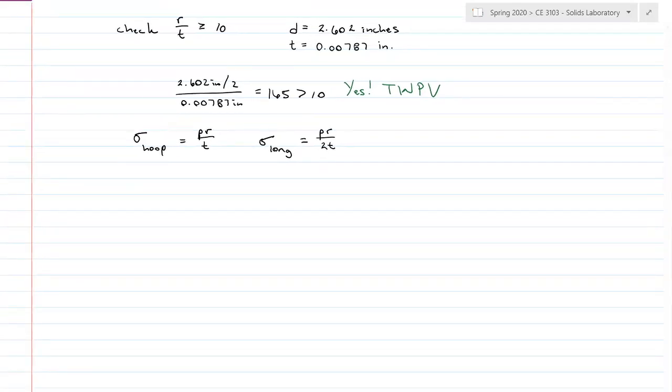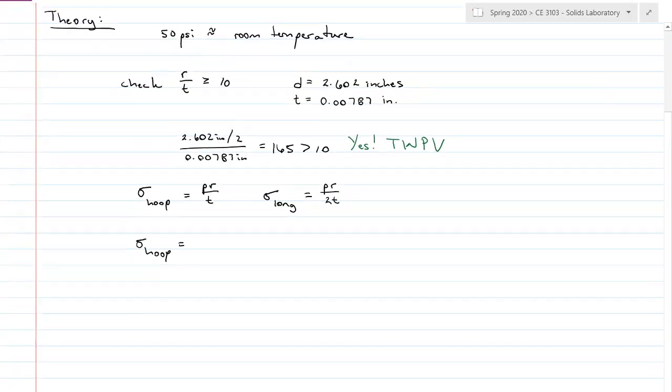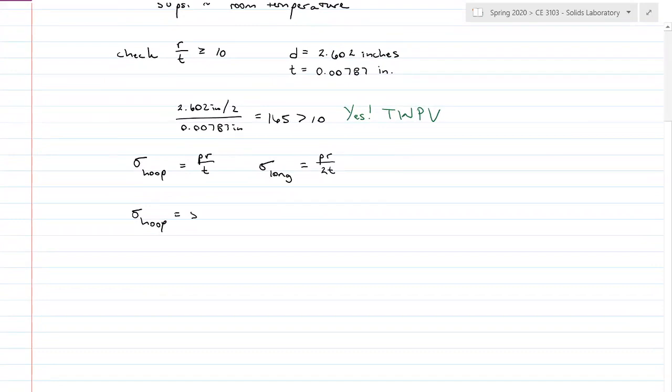So we're just going to throw in our pressure here. Sigma hoop is equal to pressure, that's 50 psi, times 165.311, that's our R over T, and it's unitless because they were both inches.